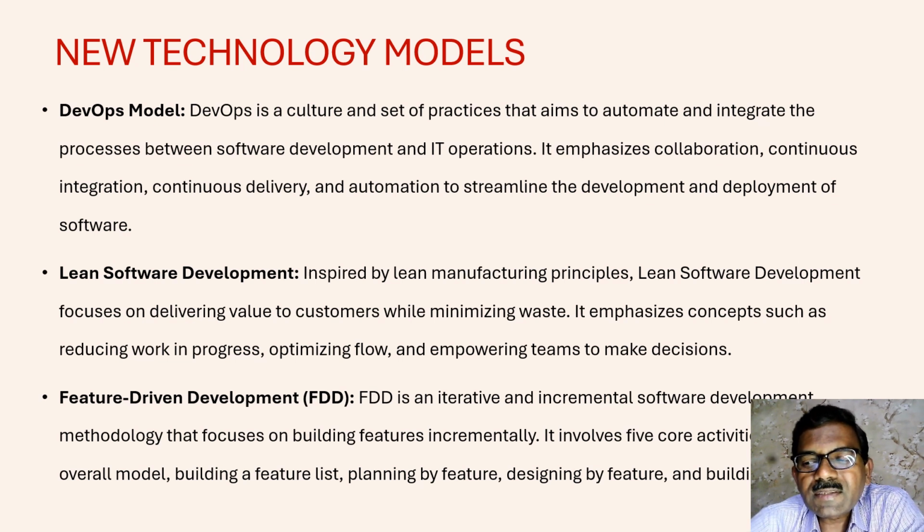Now we are looking at some of the latest types of models which use different approaches. One is the DevOps model, which is like an automation type of thing, more integrated in terms of software development and IT operations, which go hand in hand.